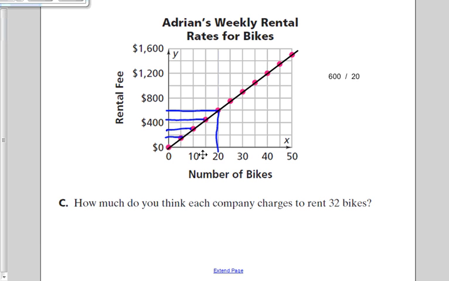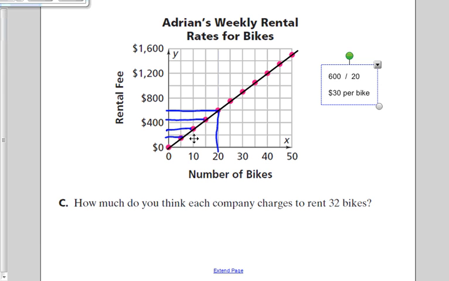So if we were renting 5, that should be 5 times 30, and that's 150. That lines up exactly. I think I said at the beginning about 180, so I was a little off. After we figure out what 600 divided by 20 is, we get $30 per bike.